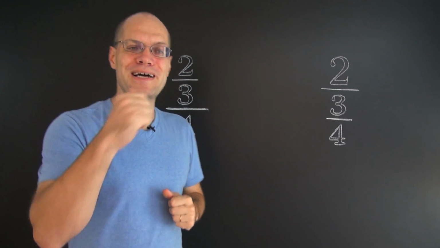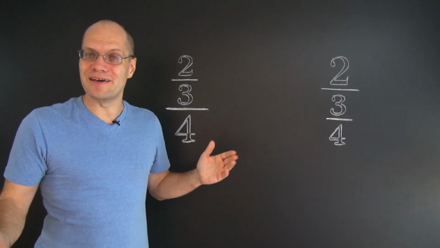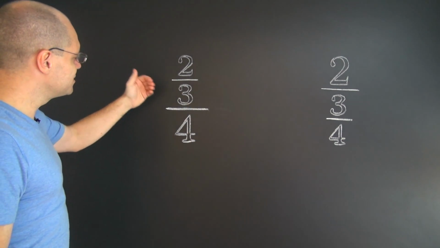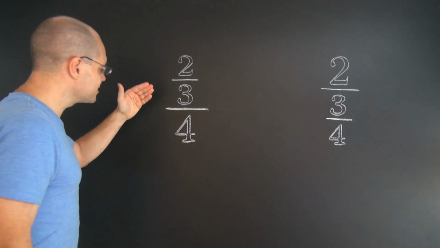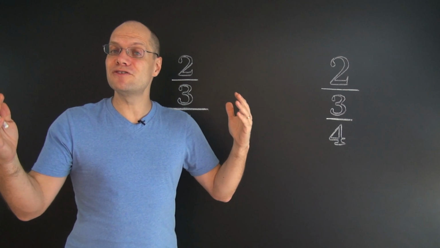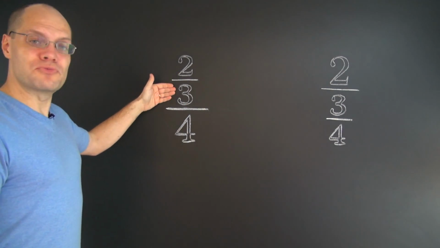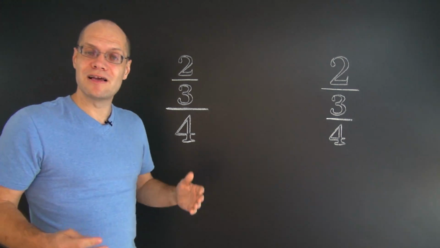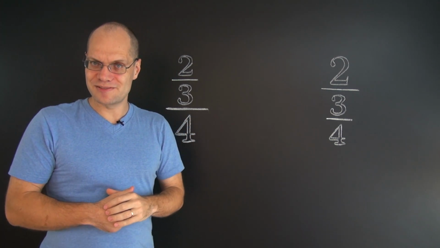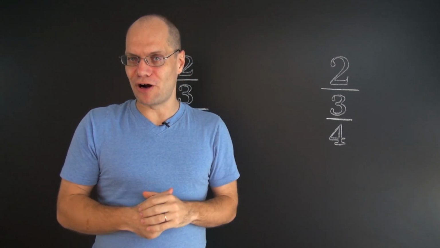But there is an even better way to approach this expression, and that's to think of it this way. We have 2 divided by 3, which is then further divided by 4. So imagine having 2 kilograms of some substance, and you're dividing into 3 parts, so now each part is 2 over 3 kilograms, and then you take each one of those parts and divide it into 4 parts.